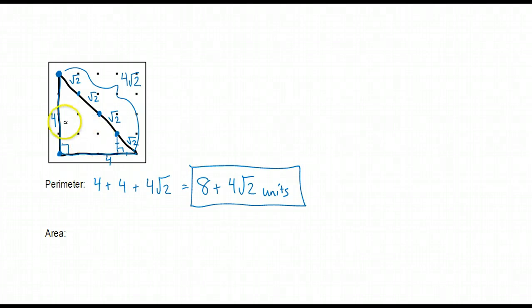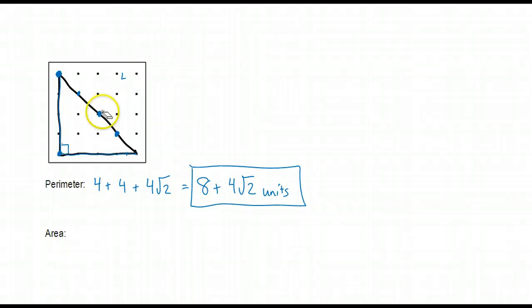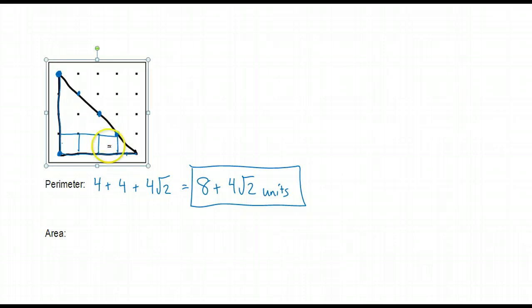If I wanted to find the area of this shape, I need to find out how many squares fit inside of it. So I can just count. Here's one full square, here's another full square, here's another full square, plus another full square and another full square and another full square.